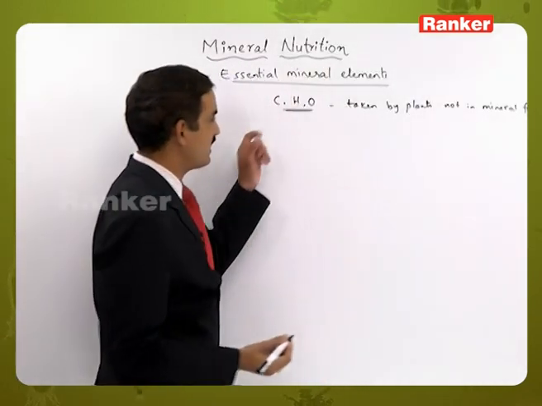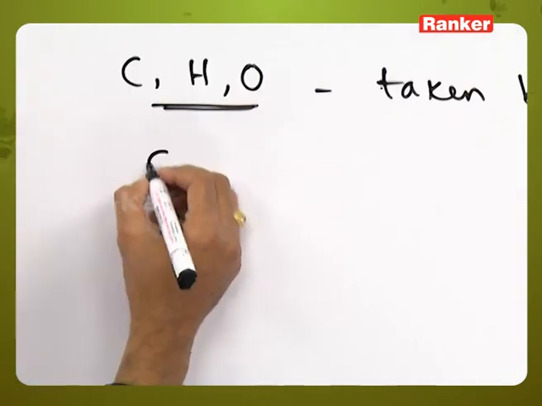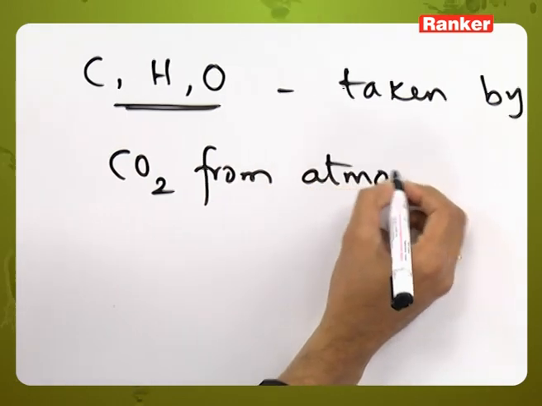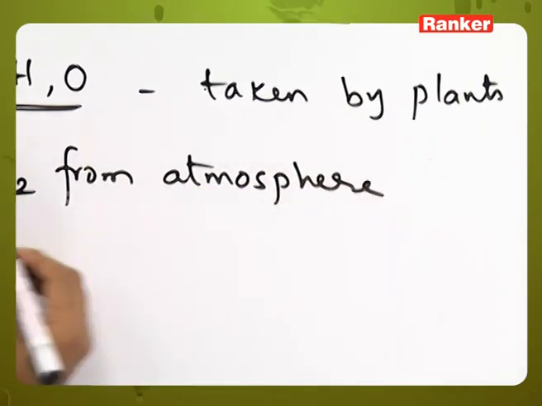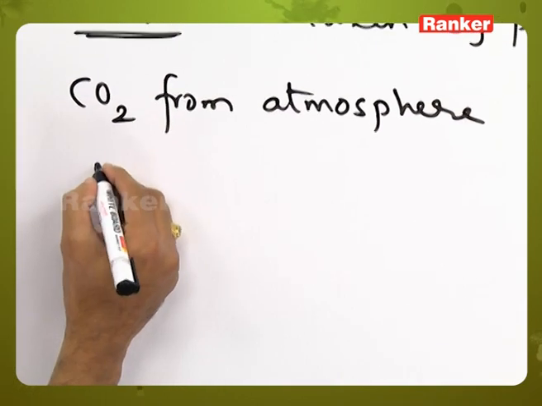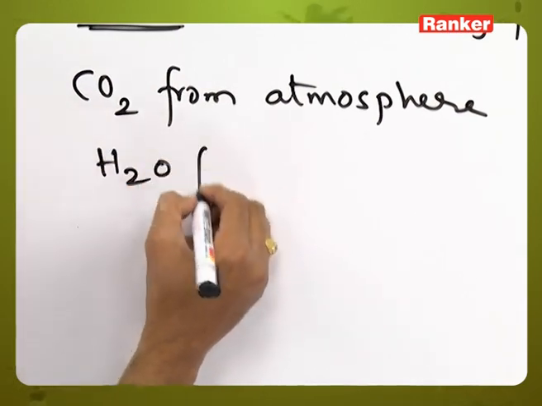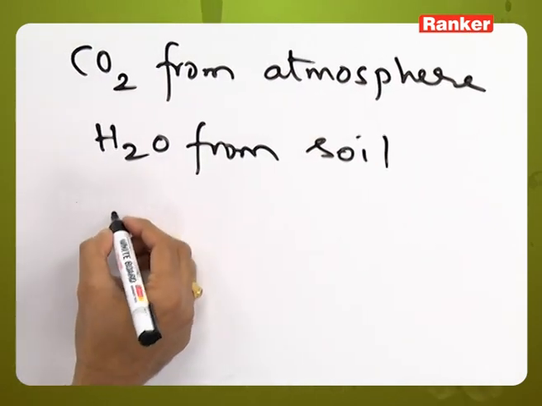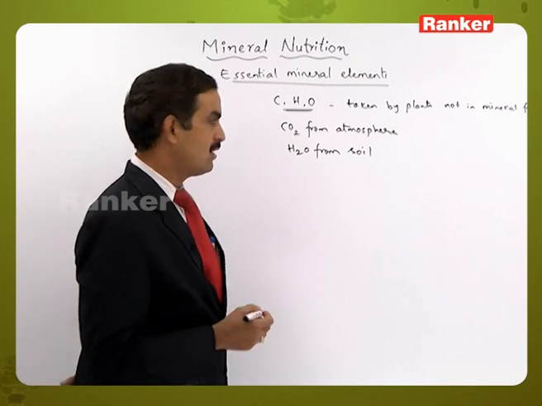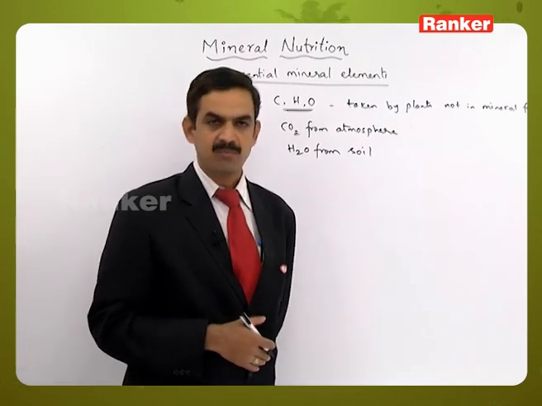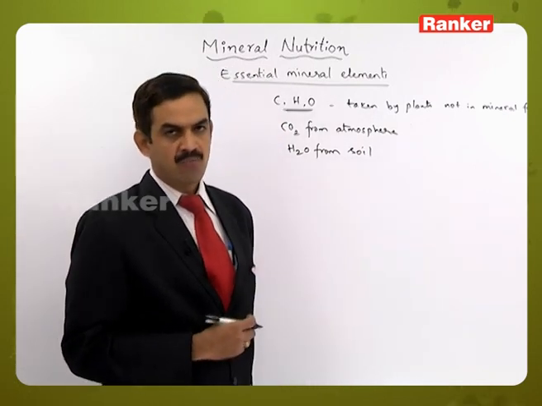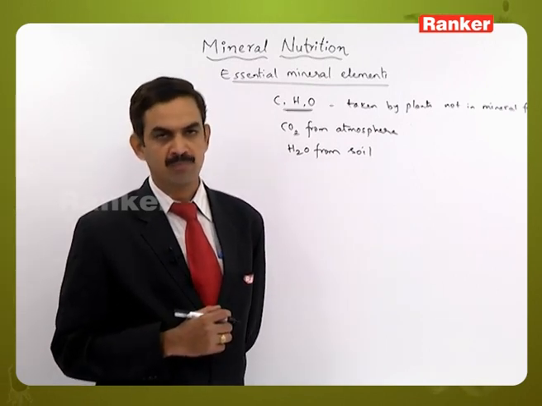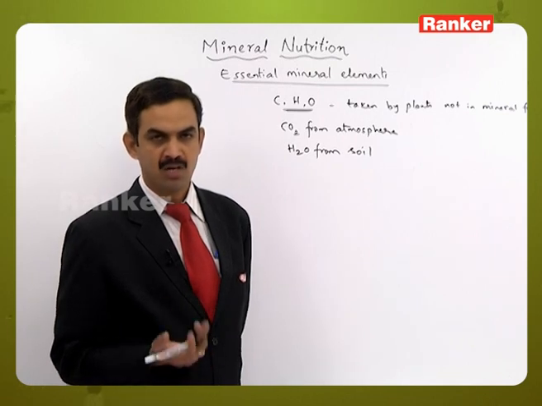The plants take up carbon in the form of carbon dioxide from the atmosphere, and hydrogen in the form of water from the soil, and oxygen either in the form of water or carbon dioxide, from the soil or from the atmosphere.